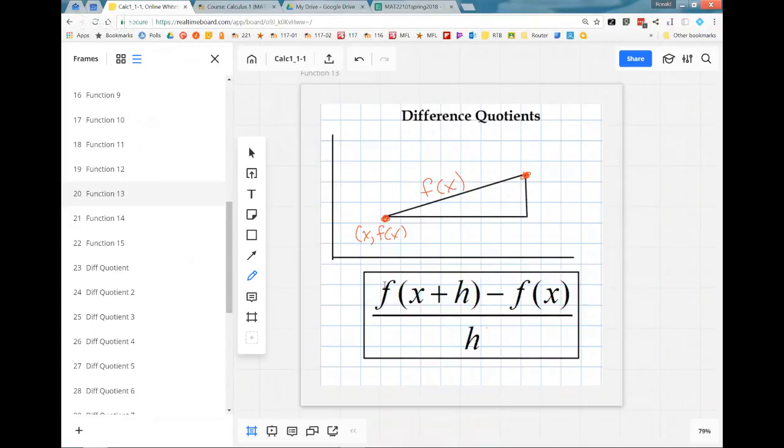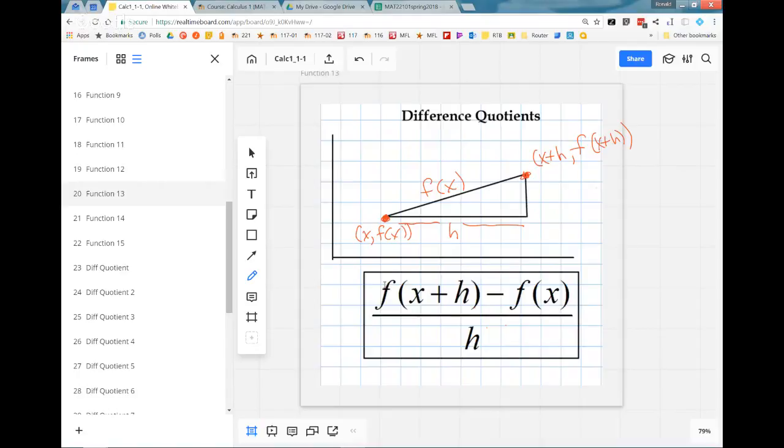If we move over, we call this distance from here to here h, then this point is x plus h. And when you plug in x plus h, you get f of x plus h.